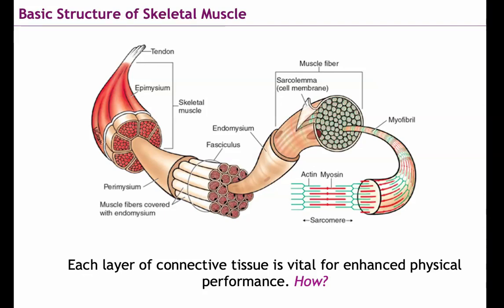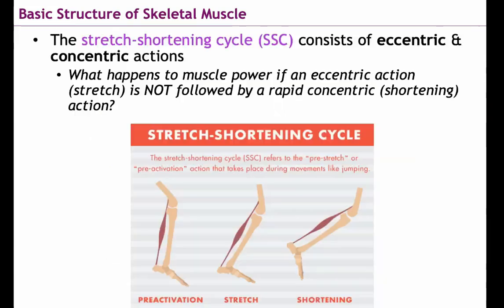It also helps to protect delicate contractile elements. So all those layers of tissue help to protect the delicate components of muscle. And it ensures that the force generated deep inside the muscle is transferred all the way through each layer to the tendon and the bone, which allows for movement. So yeah, that's what you need to know.